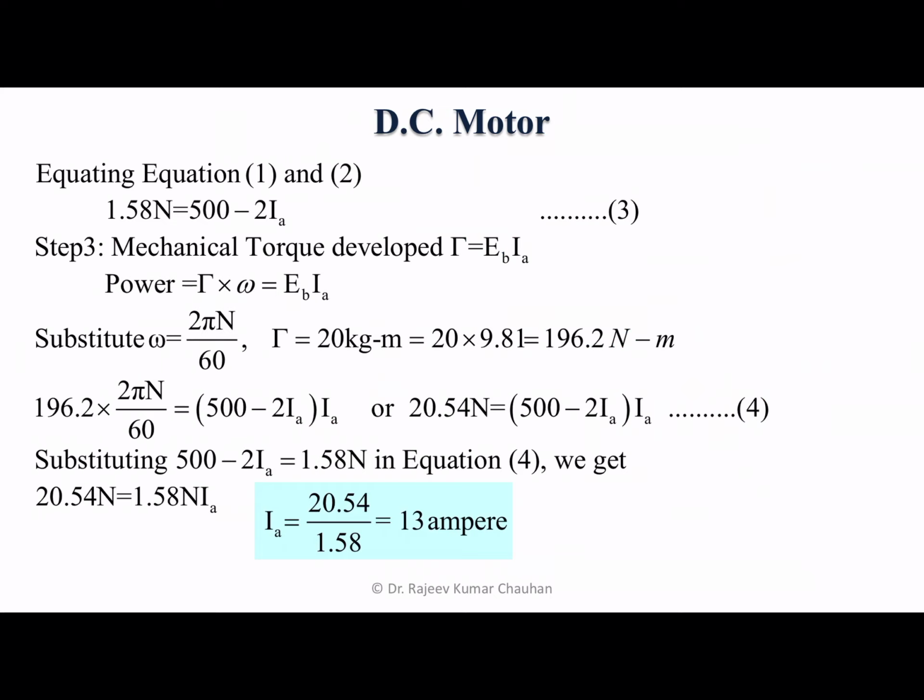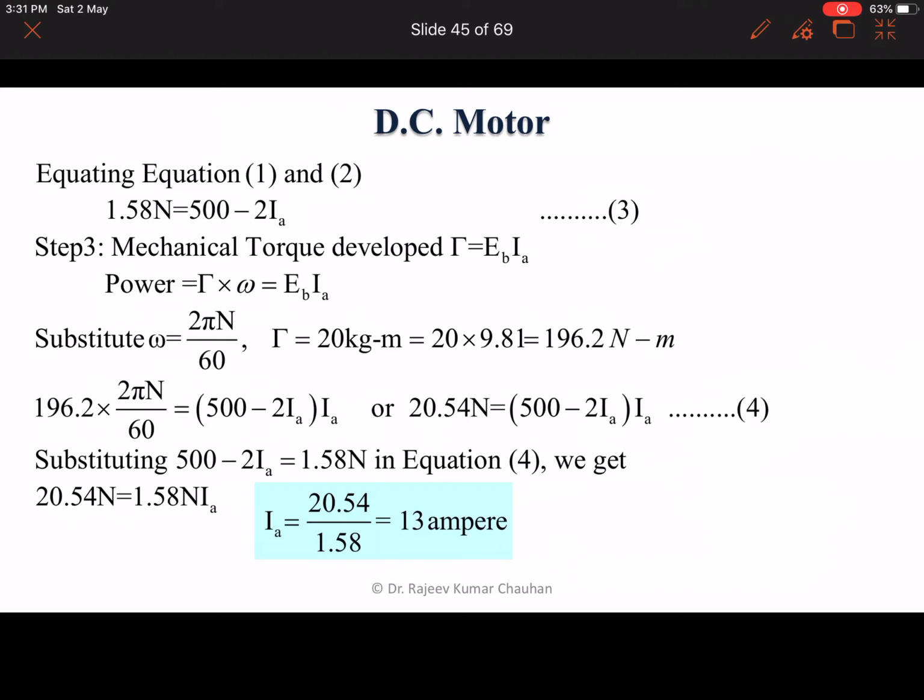Mechanical torque developed is equal to Eb Ia. We also know the power is equal to tau into omega. So if we substitute the value of omega, tau and Eb, we can get some value. Substitute omega is equal to 2 pi N upon 60 because we know it.